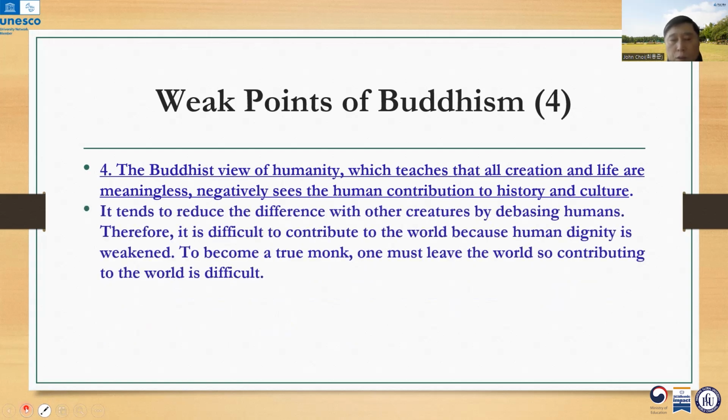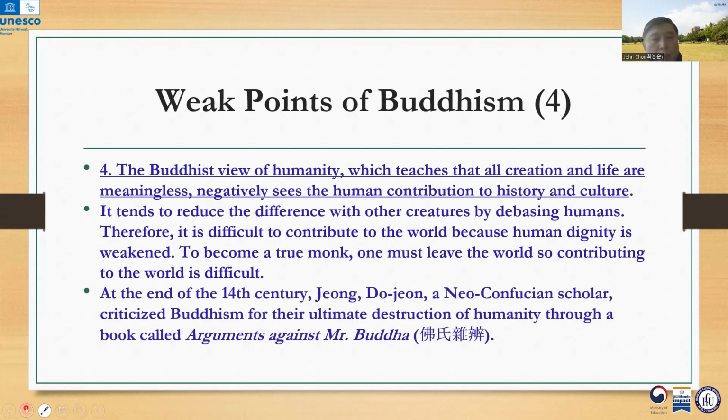So it tends to reduce the difference with other creatures by debasing humans. And therefore, it is difficult to contribute to the world because human dignity is weakened. To become a true monk, one must leave the world, so contributing to the world is difficult.